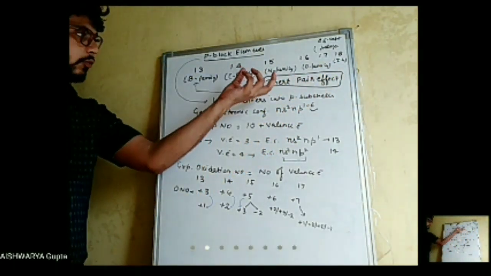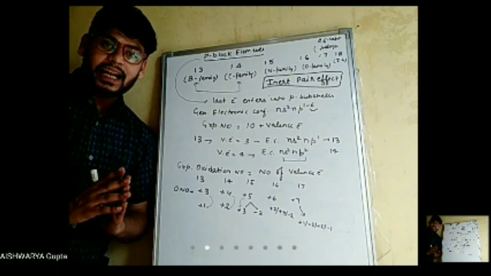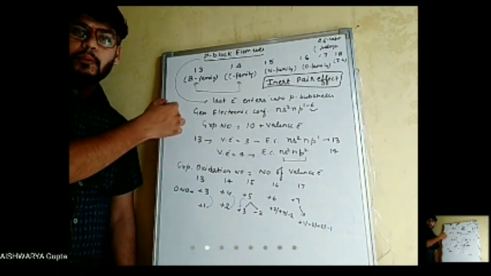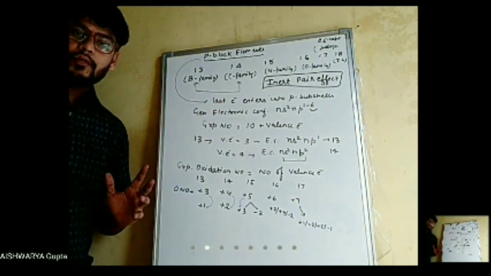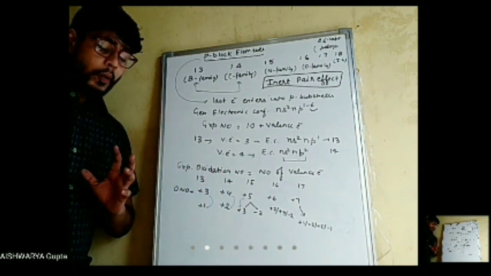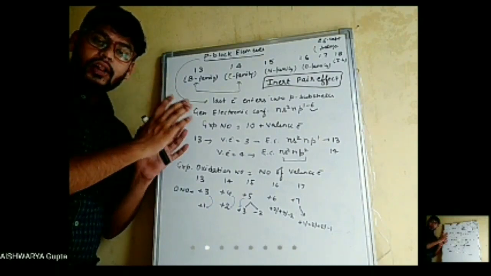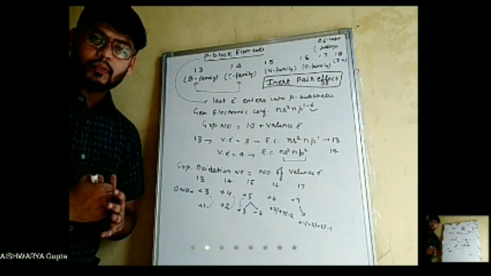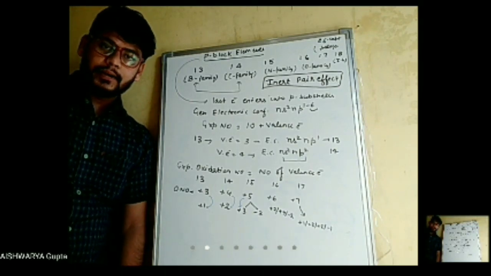Okay, I'll be explaining that inert pair effect part in detail. But first, let me know if all these points that I have written on the board, like electronic configuration, number of valence electrons, group number, group oxidation number, as well as other oxidation numbers, are clear, then kindly respond so that I can proceed in detail for the inert pair effect.